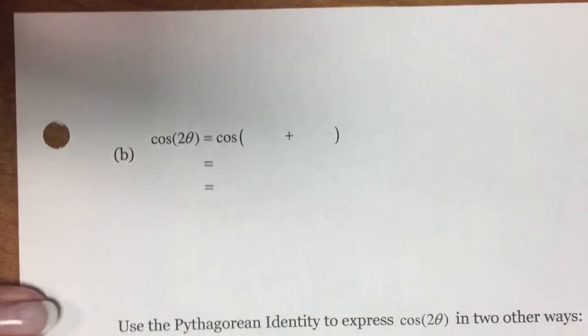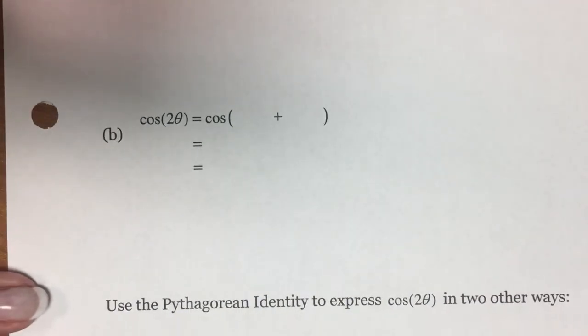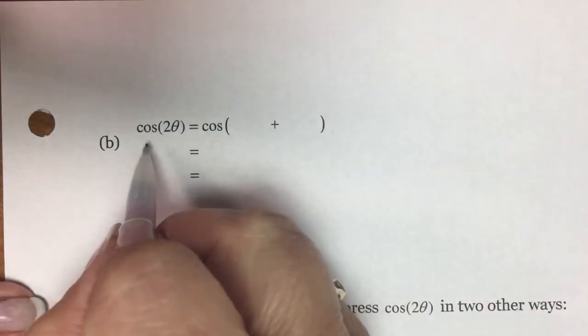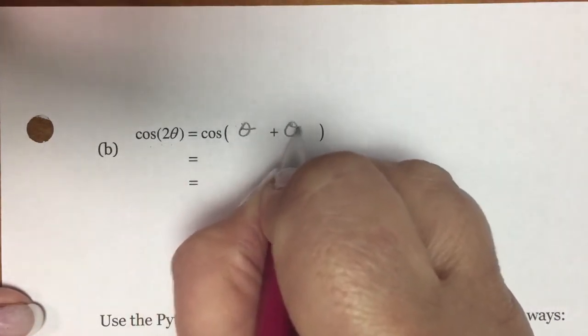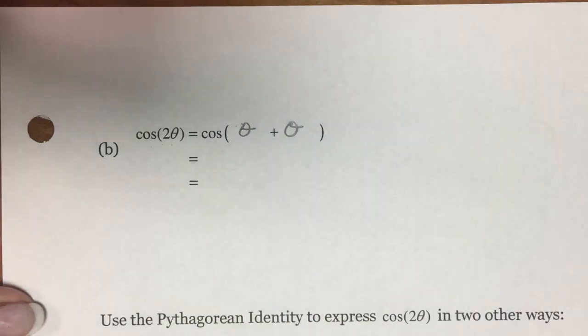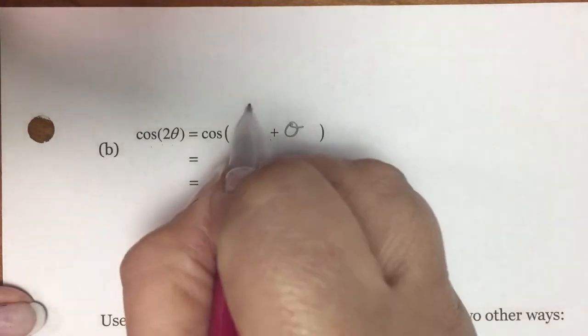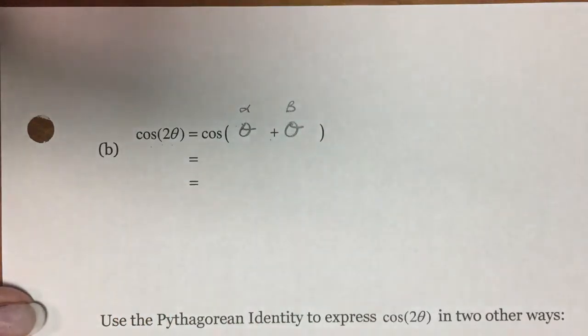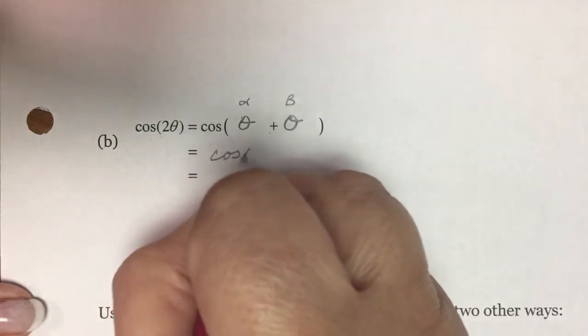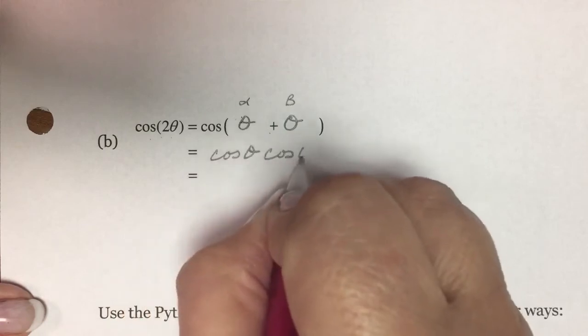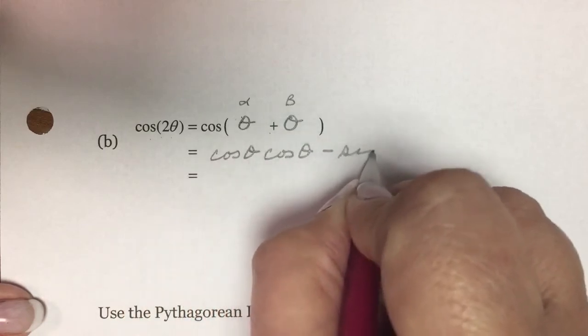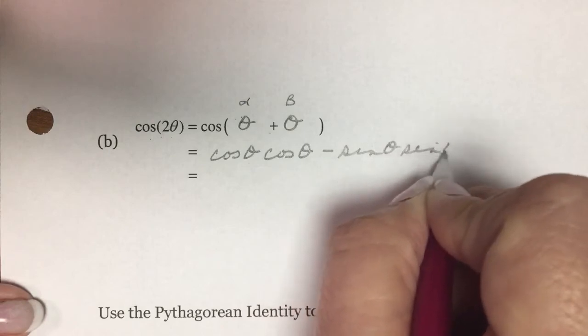Let's come up with the cosine one. Again, I'm doing these because they don't take too long. Just like we just did, the cosine of 2 theta is the same thing as the cosine of theta plus theta. So if we use our cosine sum identity, where this is alpha and this is beta, you're going to get cosine theta cosine theta minus sine theta sine theta.